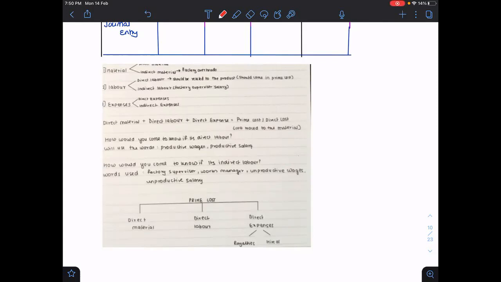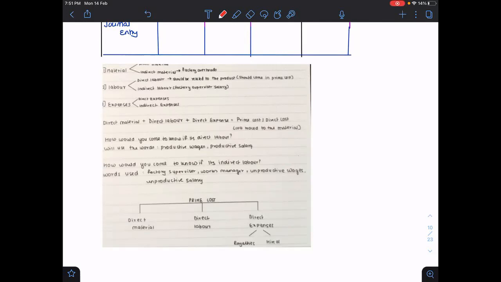Then you add the opening inventory of work in progress and subtract the closing inventory of work in progress to give you cost of production. Cost of production is transferred to the trading section.